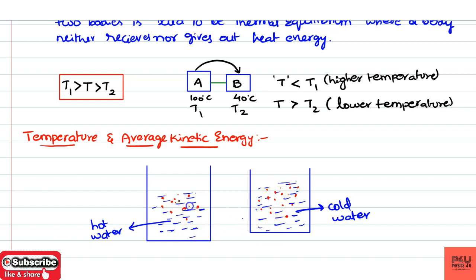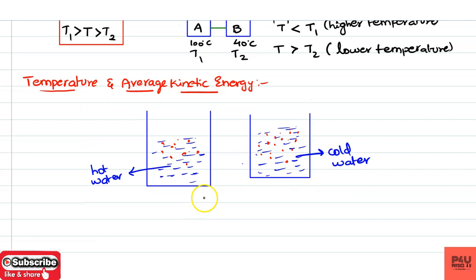What you can observe is a jiggling of the food color. It moves randomly with different speeds.